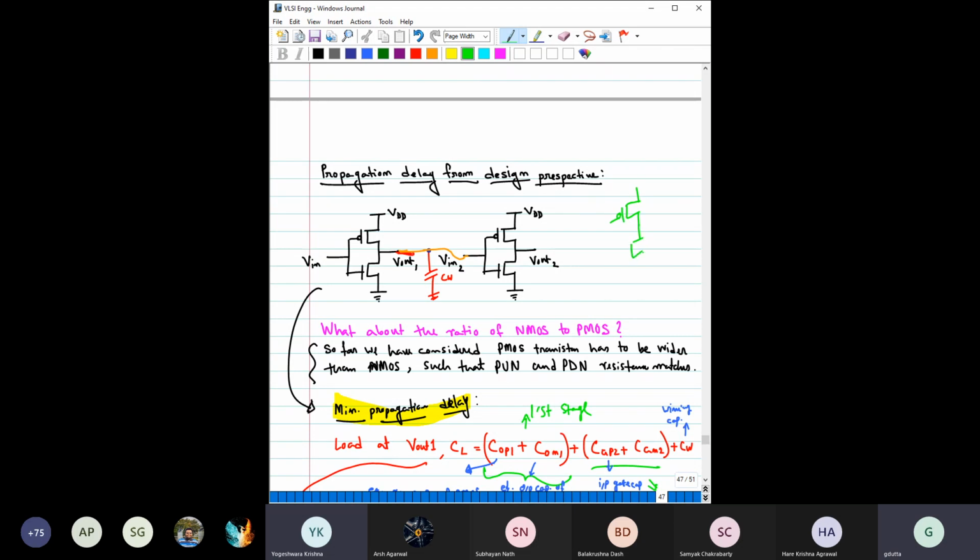this is PMOS, this is NMOS, and you have a load capacitor here, right? And you have a VDD here, this is V in, this is V out.